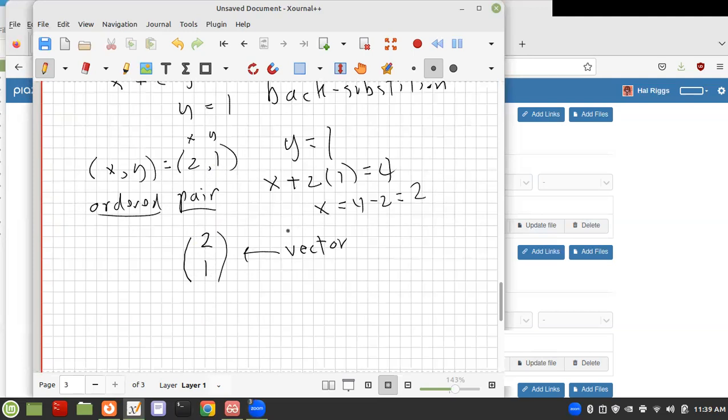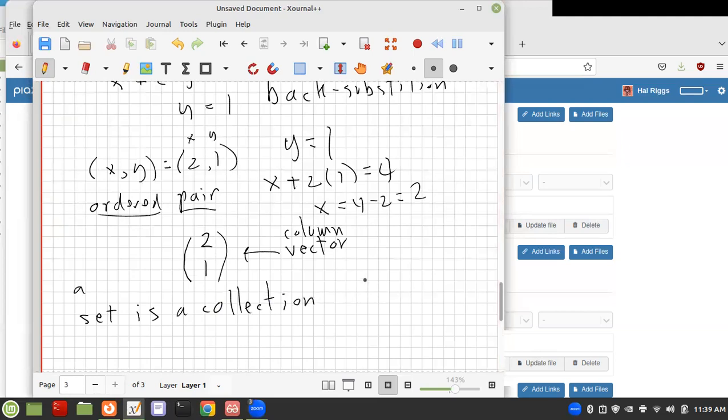So this is a column vector because it's written in a column. We're going to write our solutions in terms of column vectors. In fact, since some systems have an infinite number of solutions and some systems have no solution, we're always going to write our solutions as a set. A set is a collection.